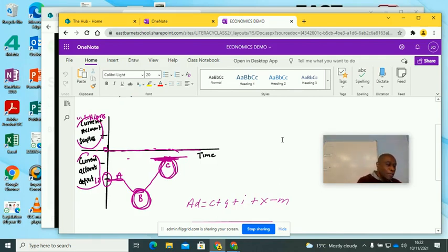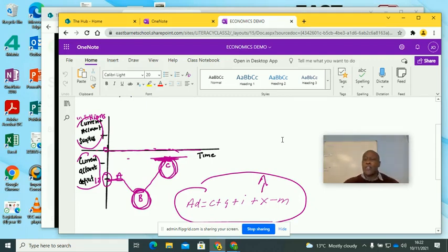And also do not forget this formula: AD is equal to C plus G plus I plus X minus M, net exports. So hopefully when we get to point C, X is going to increase, go up. And hopefully we've gone beyond the short term. We're now in the long term. We can now look for substitutes. We can now maybe go to other suppliers that give us cheaper imports.